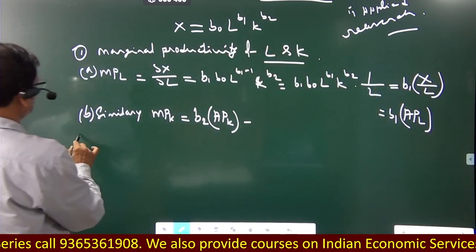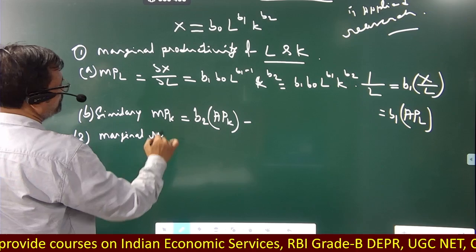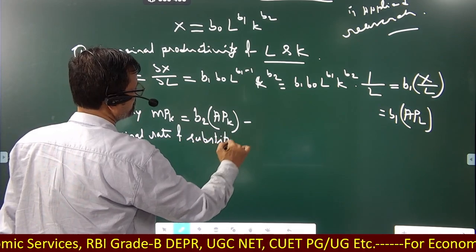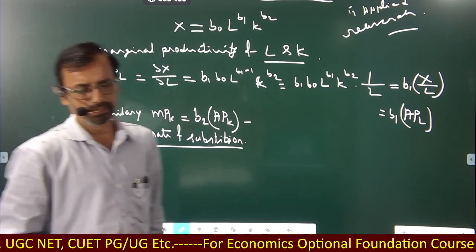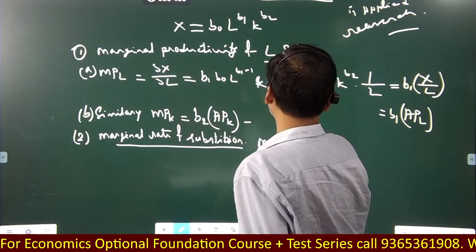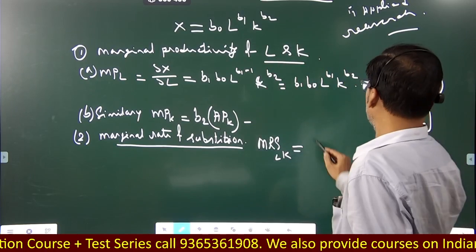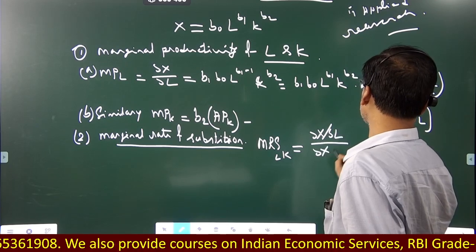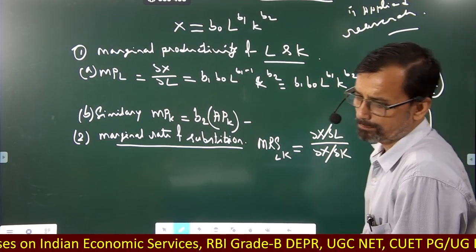How can we find out the marginal rate of substitution? The marginal rate of substitution of labor for capital is del X by del L divided by del X by del K, that is, marginal product of labor divided by marginal product of capital.